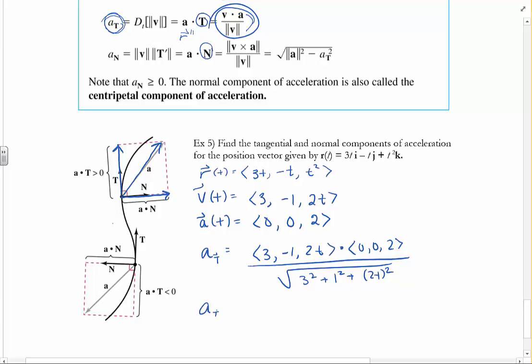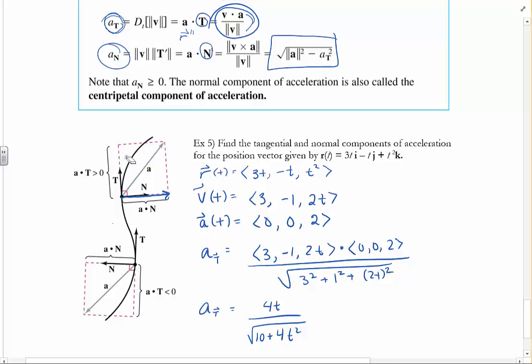So the tangential component of acceleration is going to be 4t over the square root of 10 plus 4t squared.